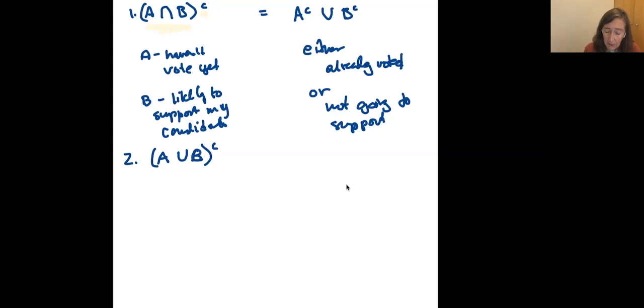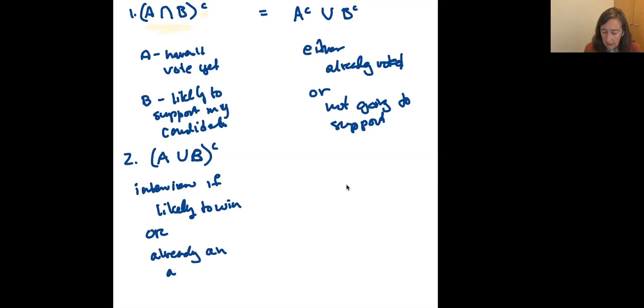And so many groups would say you interview if either they're likely to win, because you want to develop a relationship with them, or, okay, so there's the union here, they are already an ally.